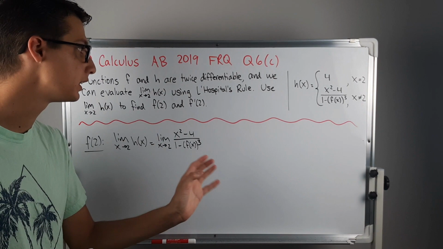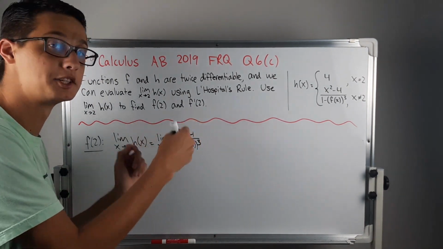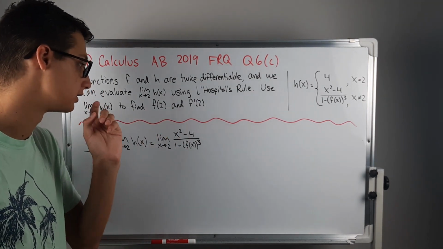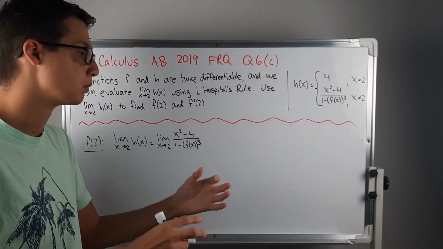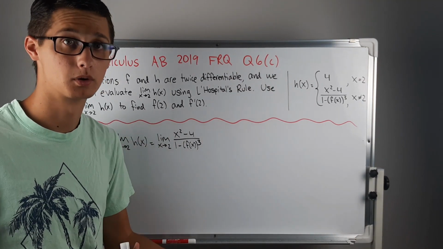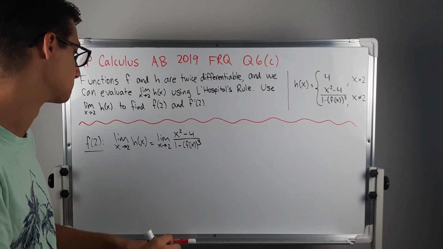Now we can evaluate this using L'Hopital's rule, which tells us that we can differentiate the top and the bottom. But we don't actually have to do that. We're trying to see what situation we have: is it 0 over 0 or infinity over infinity? So let's evaluate each one of these.